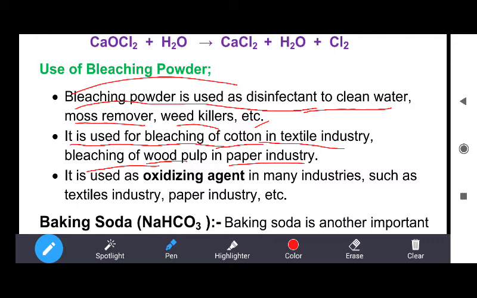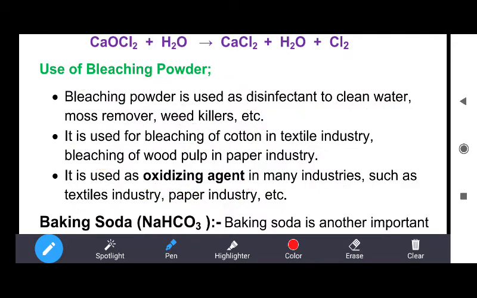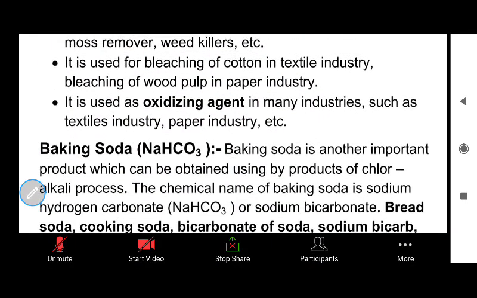Bleaching powder is also used for bleaching the skin. It is used as an oxidizing agent in many industries such as the textile industry, paper industry, etc. These are the uses of bleaching powder.